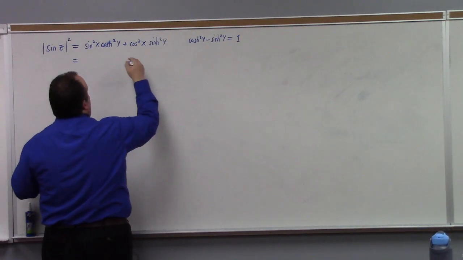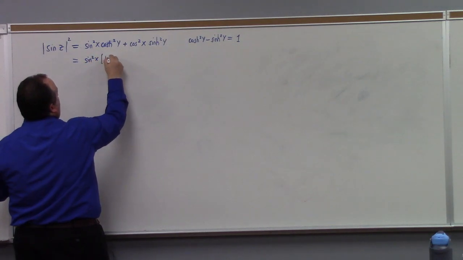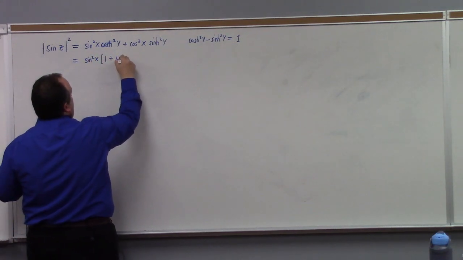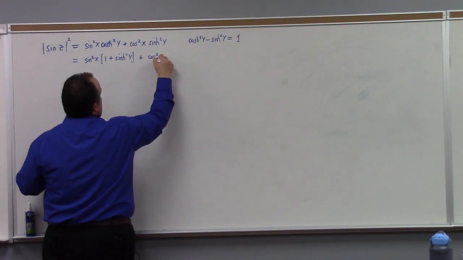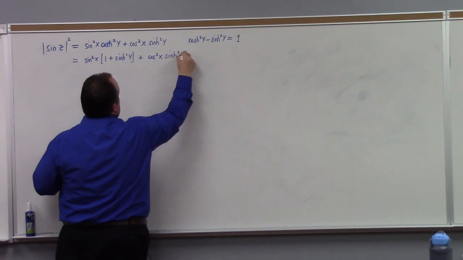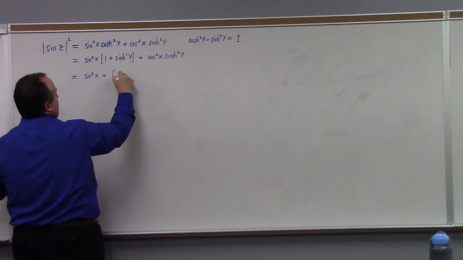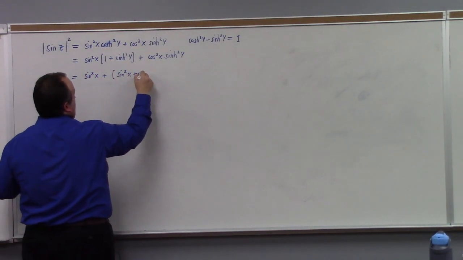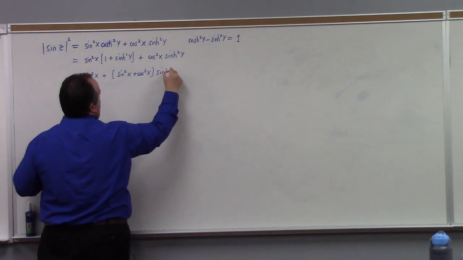So I can swap out my cosh squared for 1 plus sinh squared y. And then we can factor out: we've got sine squared x plus sine squared x plus cosine squared x, also known as 1, times sinh squared y.